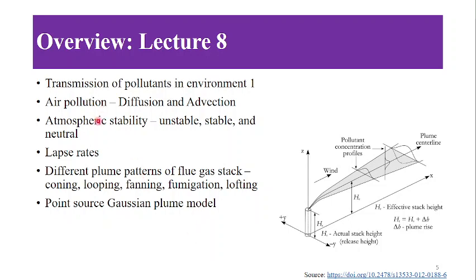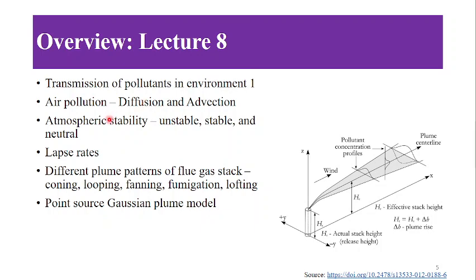So these two are the modes, and next, the atmospheric stability of the environment was discussed, which is measured through the lapse rate. So lapse rate is basically the change in temperature with the vertical height. So the atmospheric stability is the tendency to resist the vertical motion of a parcel of air.